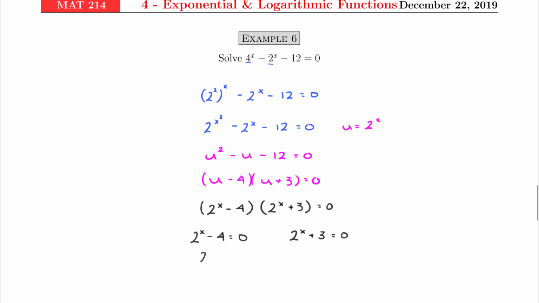And here we would get 2 to the x equals 4. And so we know that x has to be 2, because 2 squared is the only thing that will give us 4. And on this right hand side, we actually get no solution, because we cannot raise a positive number to any power and end up getting a negative value. So the only solution that exists for this one is x equals positive 2.